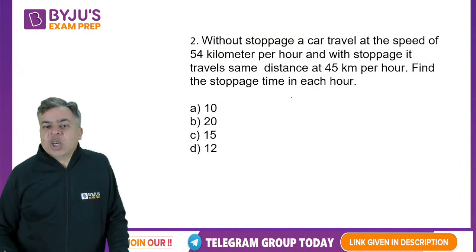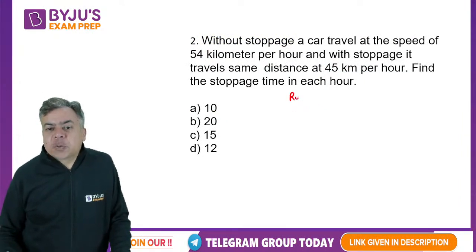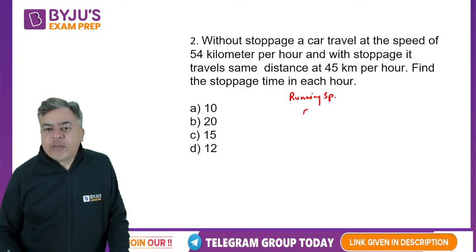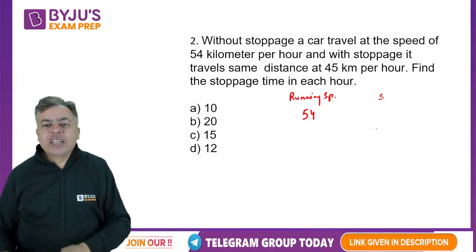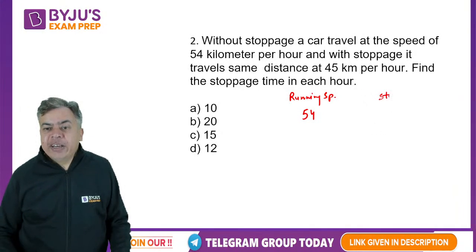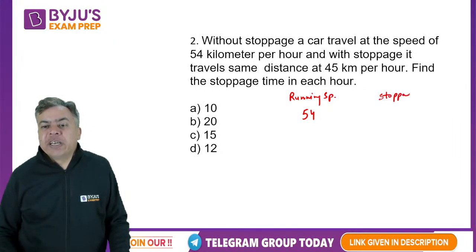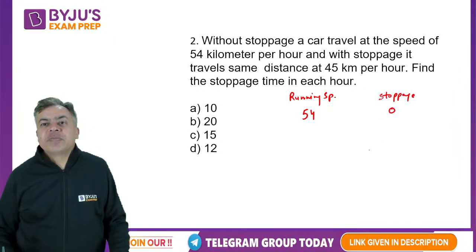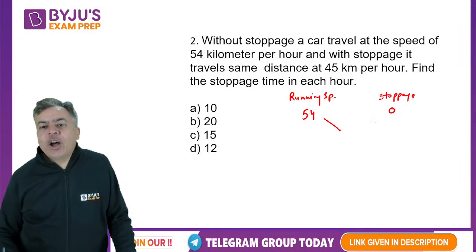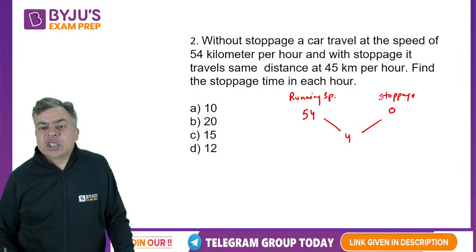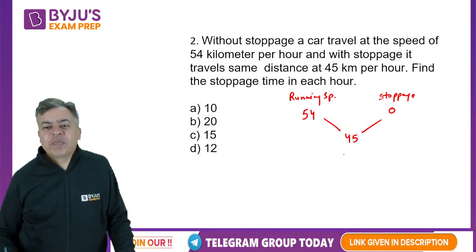The running speed is 54 and the stoppage speed, when it is stopped, is 0. But the mixture of running and stoppage is the speed 45 kilometers per hour.